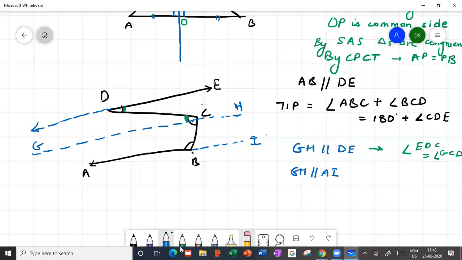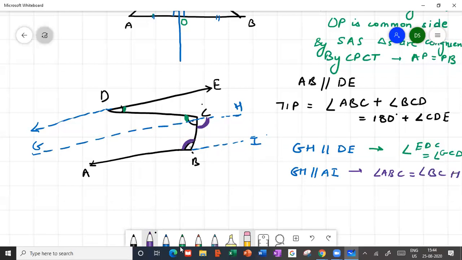So what becomes the transversal? CB becomes our transversal, isn't it? So again I can say that this angle ABC is equal to this angle, isn't it? Again same, alternate interior, equal to BCH.